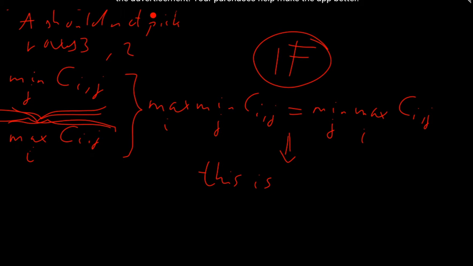So if they play according to some winning or optimum strategy, this is the value of the game if both players play optimally.